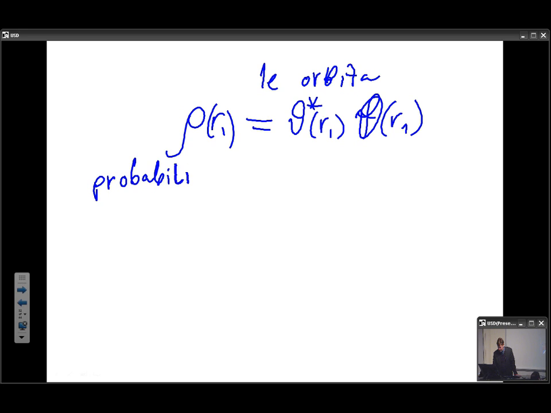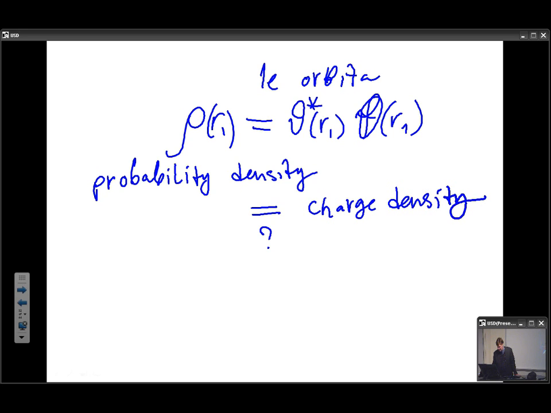So, density equals, question mark, charge density. If you are very cautious, do not speak it out loud in the community, but it is one of the assumptions used in density functional theory.